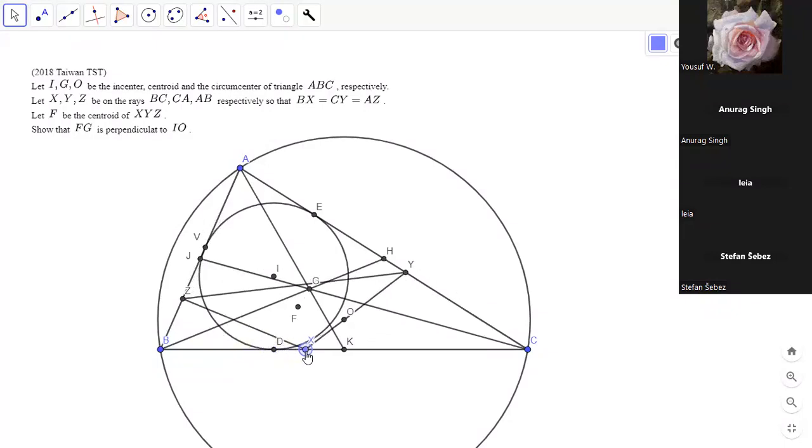Well, technically, we could complex bash this, since that is kind of the same as doing it with vectors. But we prefer not to bash. Complex bash gives a nice way to deal with the centroid.